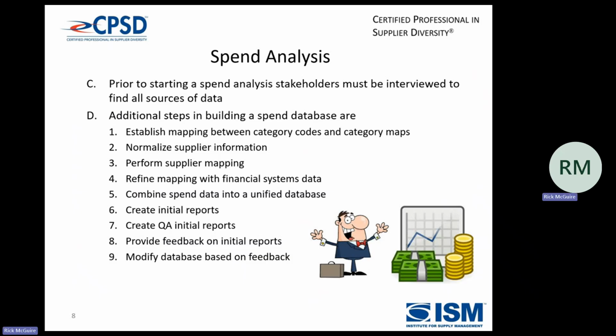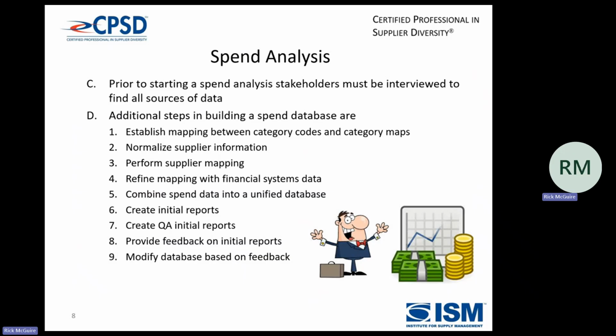Prior to starting spend analysis, stakeholders must be interviewed to find all sources of data. You've got probably more than a few of them. Additional steps in building a spend database are establishing mapping between the category codes and the category maps, or putting category codes in there in the first place.